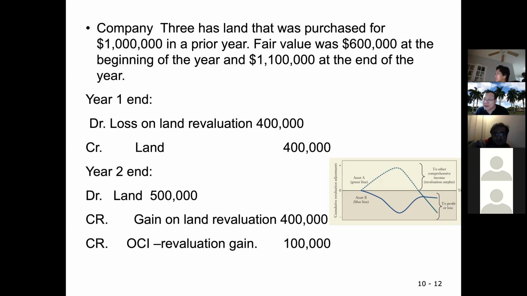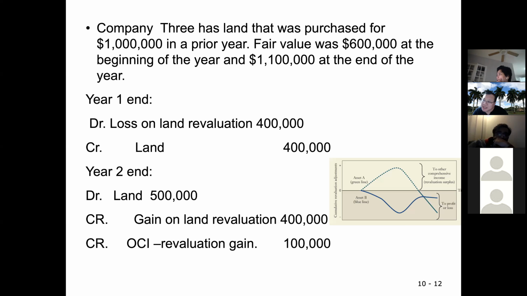I have a question, please. Yeah, go ahead. Let's say the loss happened in year 1, and then in year 10, they revalued the land. Are they allowed to also declare a gain of 400,000 and a loss, and the OCI of 100? How long can you carry that forward?